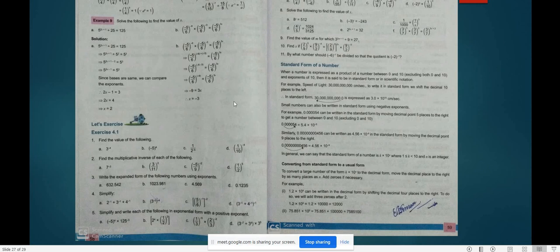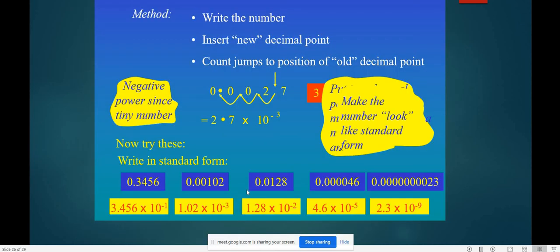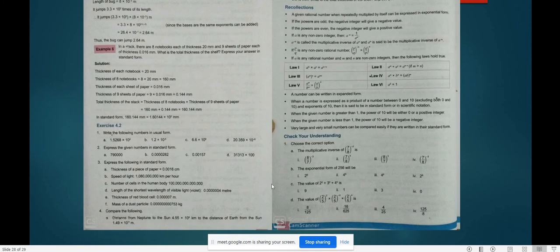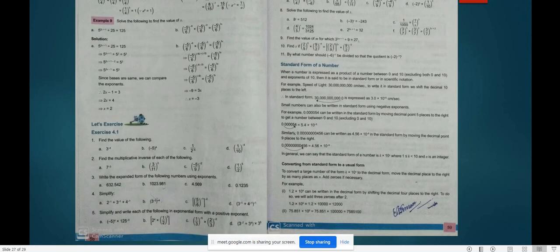It is not clear properly, so just observe. I'm taking 3 to the power minus 7 divided by 3 to the power 4, into 3 to the power 5.